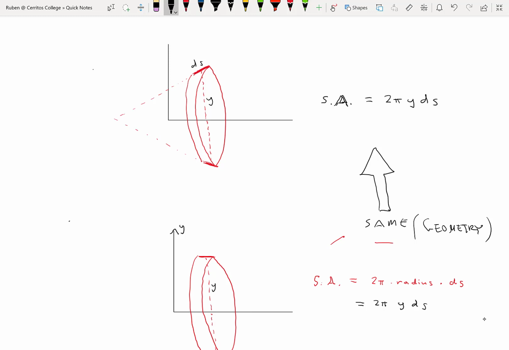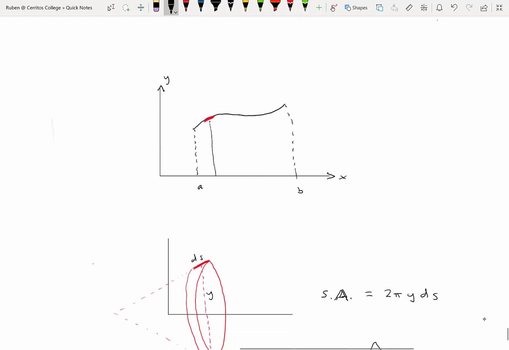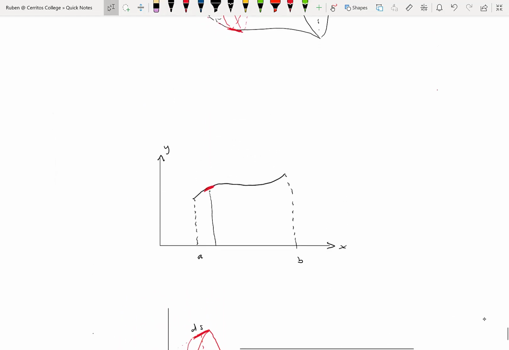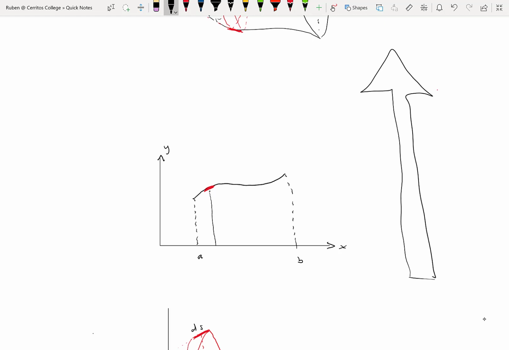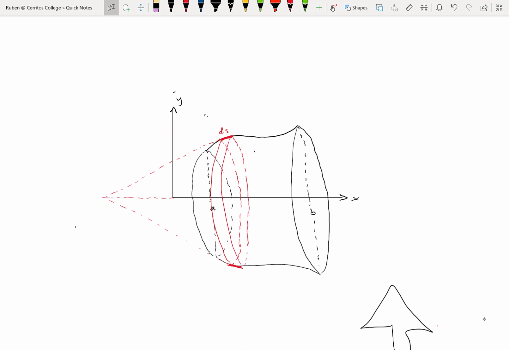So this tells us that we get a final formula for our surface area. So I'm kind of going really backwards up here. So back up to our formula for surface area. The surface area generated by revolving the curve y equals f of x about the x-axis.